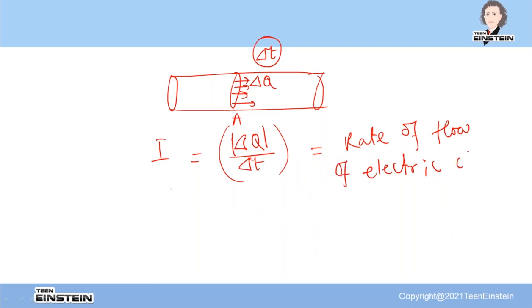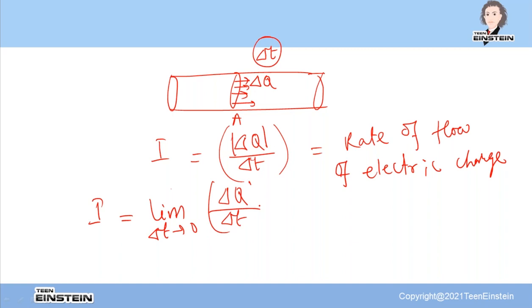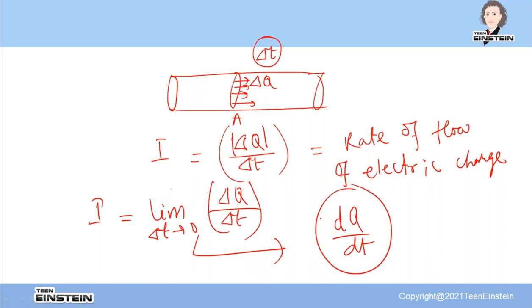If I correctly define it, you have to take a limit: limit delta t tending to 0 of delta q by delta t, and according to calculus, you can write this as dq by dt sometimes. So this is the current. This is electric current, that is nothing but the rate of flow of electric charge.